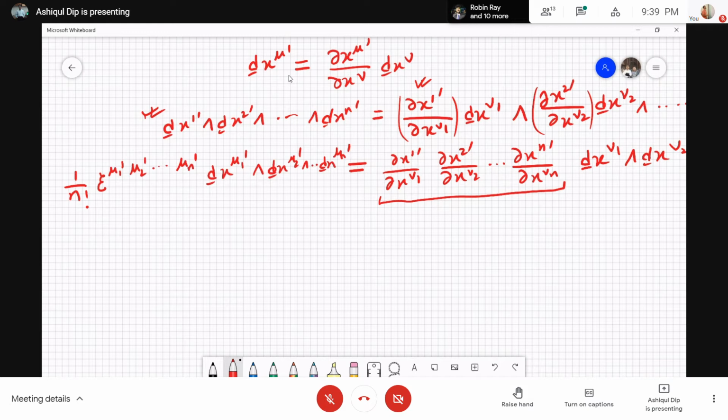Do you agree with that? We already saw some version of this in 2 dimensions, remember? Yes. So when you have purely in terms of wedge product, your d of coordinates, then you can write like this.